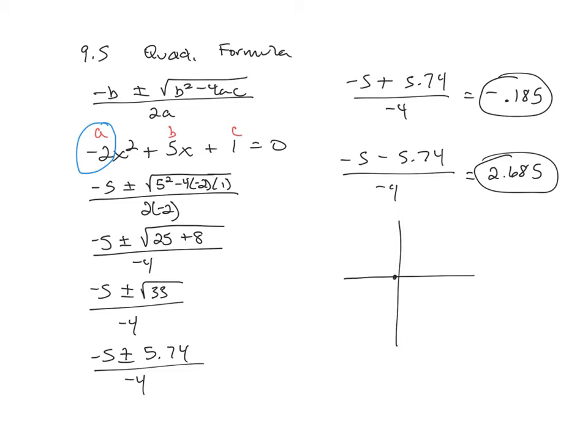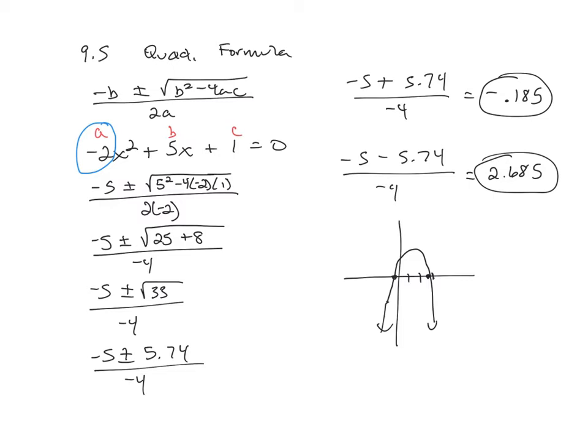And then 2.68 would be a little bit more than 2.5. Because the a is negative, that means the graph is upside down, so it could look something like that. But we found these 2 points, the x-intercepts, the solutions, the zeros. There's all kinds of different words we used for them.